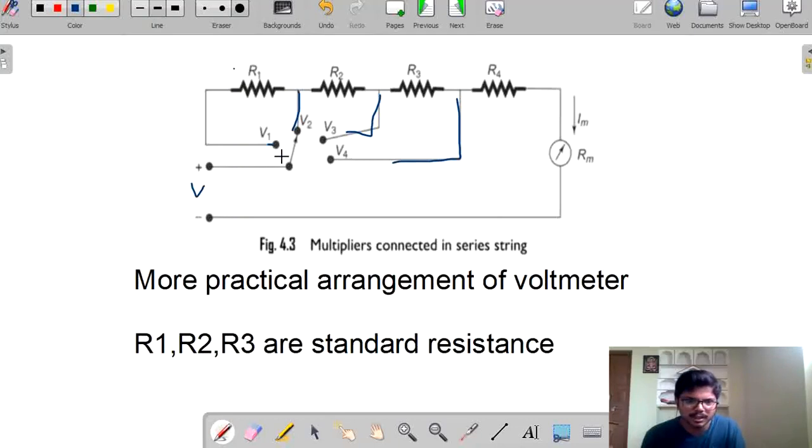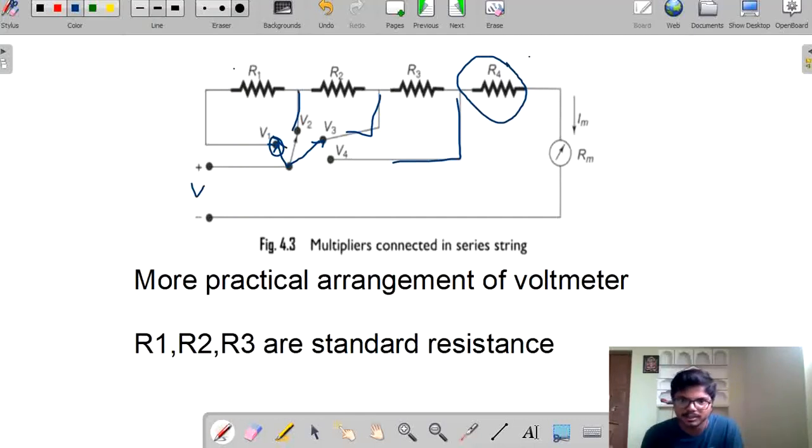If I need to, I will connect my switch to V1, to V2, to V3, or to V4, according to my requirement. But we need to take care that this R4 is changing with respect to the circuit.